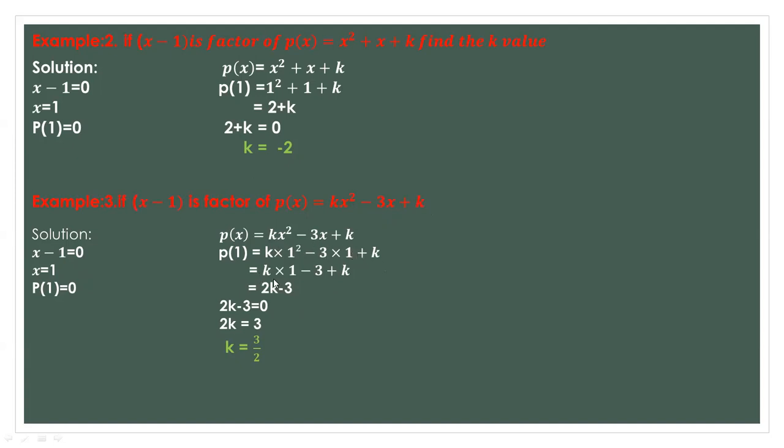Then simplification: k into 1 minus 3 into 1, minus 3 plus k. Then k plus k is equal to 2k minus 3. Then 2k minus 3 is equal to 0, because x minus 1 is a factor of your given polynomial. That's why p of 1 is equal to 0. Hence 2k minus 3 is equal to 0, 2k is equal to 3. Then k is equal to 3 by 2.